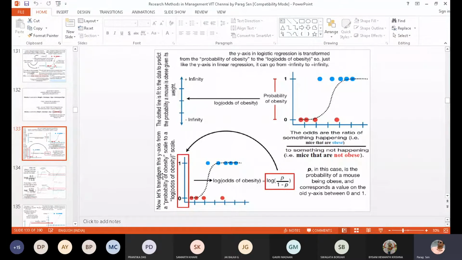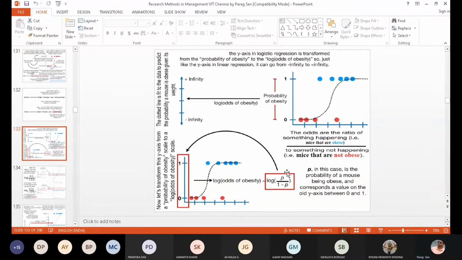Now let's transform this y-axis from a probability of obesity scale to a log odds of obesity scale. So suppose p is the probability of a mouse being obese. Okay, then the probability of the mouse not being obese will be 1 minus p.